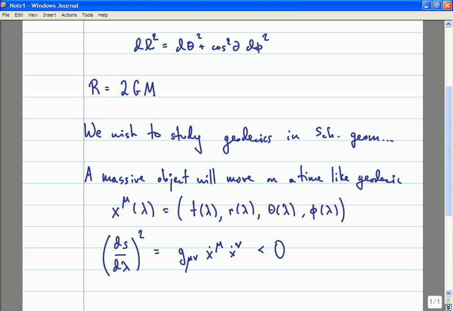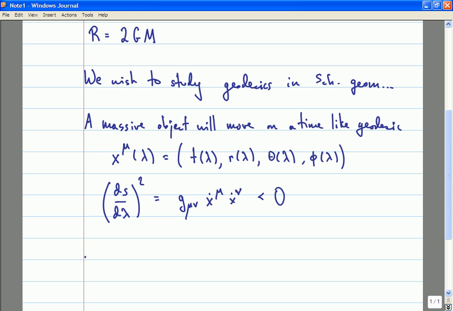And what I will do is consider an affine parameter where that quantity is, by definition, equal to minus 1. So I will just take my coordinate lambda to be such that ds by d lambda squared is equal to minus 1.